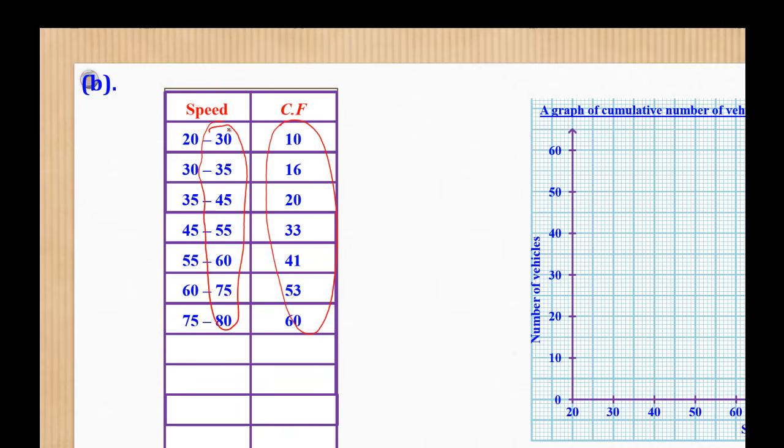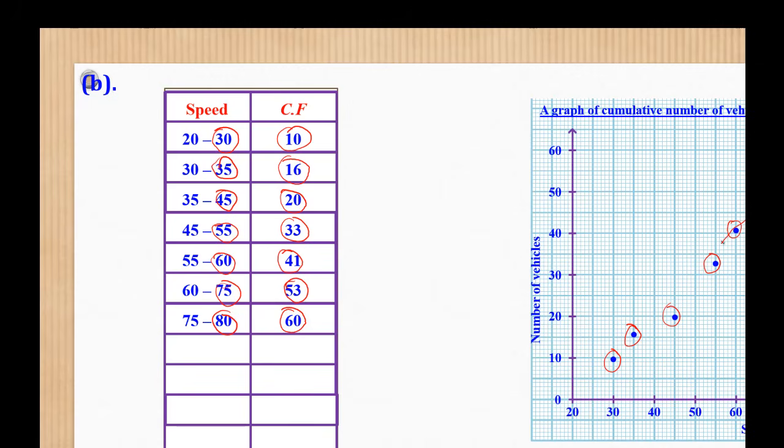So 30 on the horizontal will correspond with 10 on the vertical to give you this. 35 on the horizontal will correspond to 16 on the vertical to give you this. 45 on the horizontal will correspond with 20 on the vertical to give you that. 55 on the horizontal will correspond to 33 on the vertical. 60 on the horizontal will correspond to 41 on the vertical. 75 on the horizontal will correspond to 53 on the vertical. And lastly, 80 on the horizontal will correspond to 60 on the vertical.